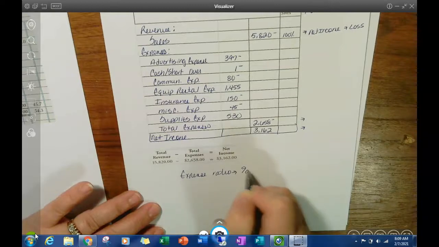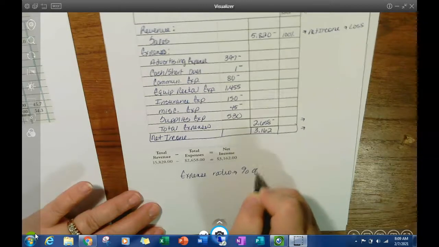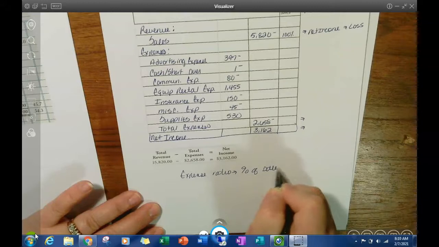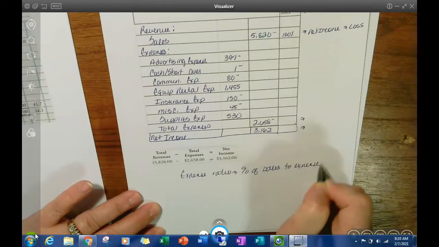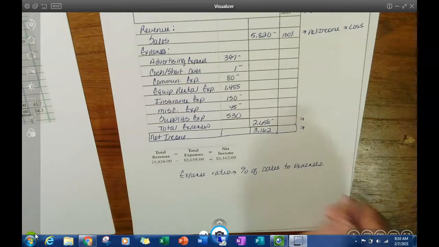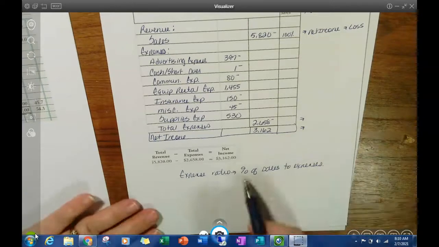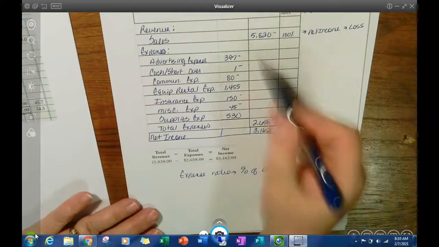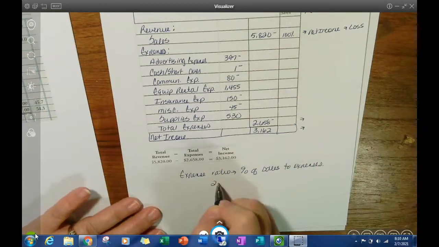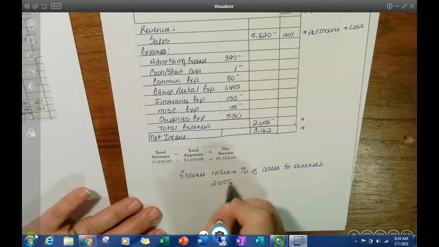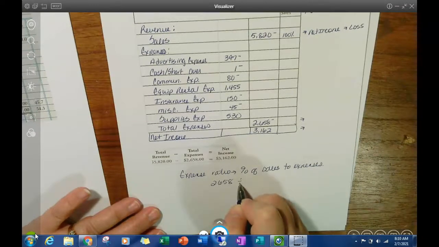An expense ratio is a percent of sales to expenses. So they want to know, okay, how much money did it take to make this amount of sales? To do that, you take your total expenses and divide it by your sales.